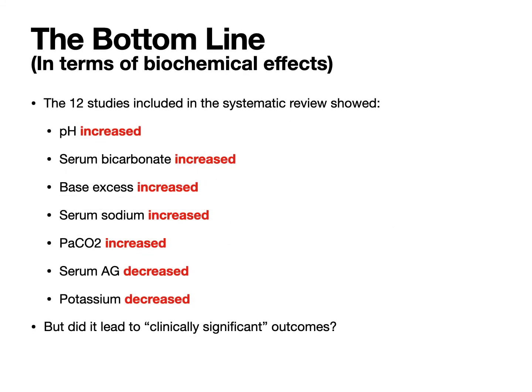The bottom line of the systematic review was that the pH increased, the serum bicarbonate increased, the base excess increased, serum sodium increased, carbon dioxide levels increased, the anion gap decreased, potassium decreased, but did all of these biochemical effects lead to clinically significant outcomes?